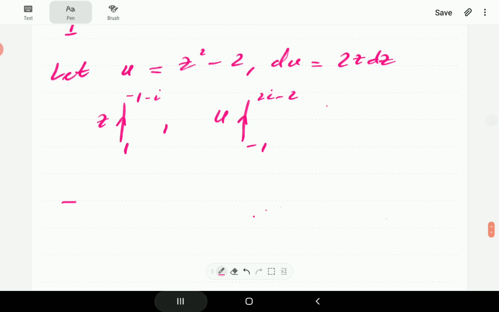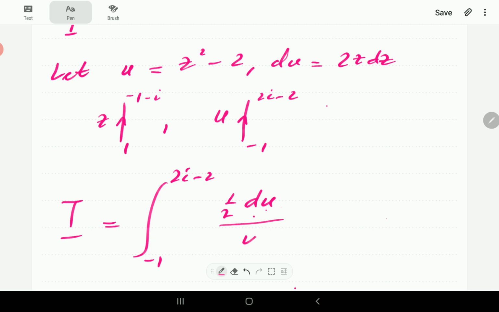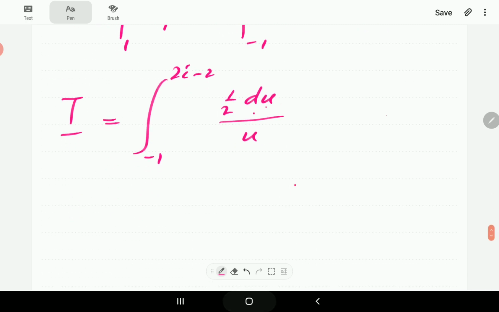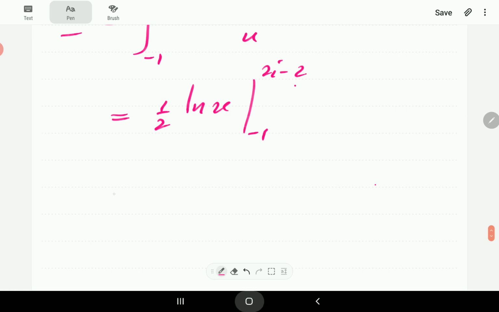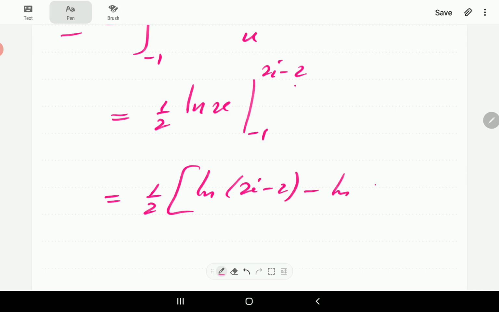So I is now going to be the integral from minus 1 to 2i minus 2 of half du divided by u. This is going to work out to half ln u, and we are integrating from minus 1 to 2i minus 2. So this is going to be half of ln(2i minus 2) minus ln(negative 1).